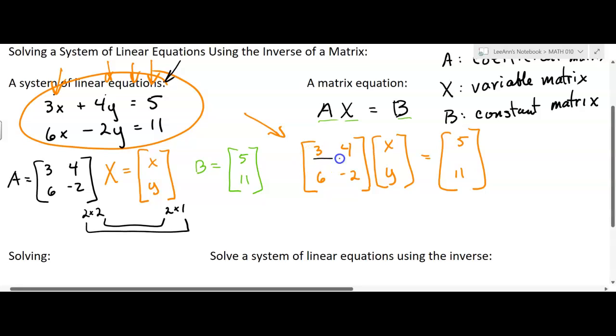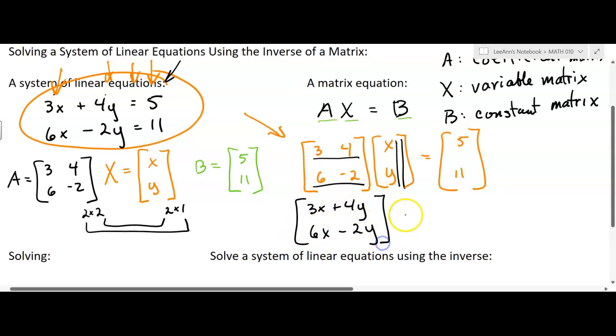Well, if you took this row times this column, you would get 3x plus 4y, right? And then if you took this row times this column, you would get 6x minus 2y. Now, that's a matrix like this, and it has to equal 5, 11, that matrix, right?